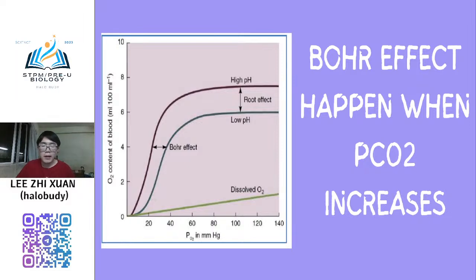But when the partial pressure of carbon dioxide increases, normally when we are exercising or panicking, the cell metabolic activity is very high, making more carbon dioxide and releasing it into your blood, and then it will cause the Bohr effect. The effect is that your curve will shift to the left hand side. This gap is what we call the Bohr effect.